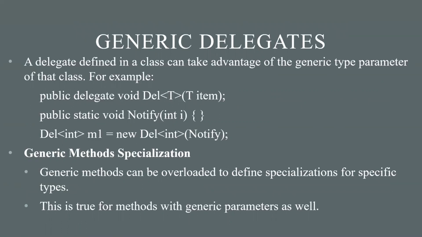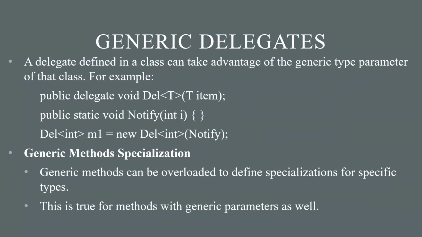The last topic is generic delegates. A generic delegate can take advantage of generic data types. For example, we are defining a delegate named Del. It's taking one parameter of generic data type.